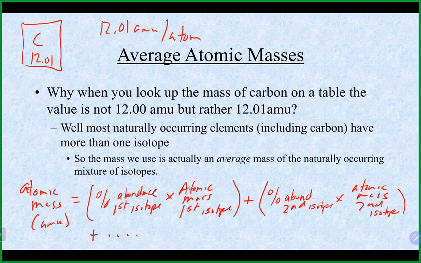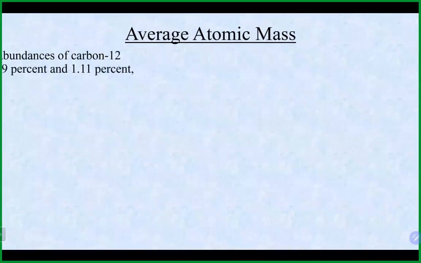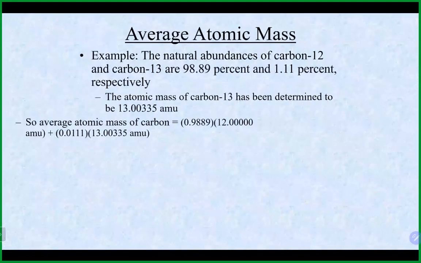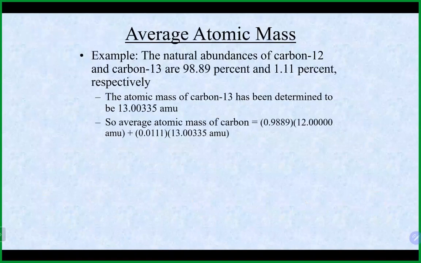So this is the way that we calculate the atomic masses that we see on the periodic table, once again, based on all those naturally occurring isotopes. If we look at carbon, for example, carbon really has two isotopes: the carbon-12 isotope and the carbon-13 isotope.